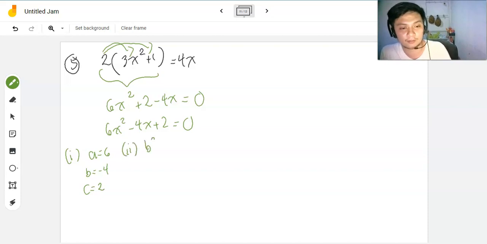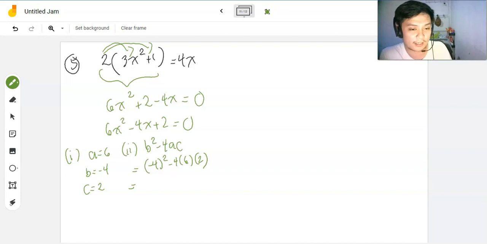Value ng discriminant B squared minus 4AC. This will be equal to square of negative 4 decreased by the product of 4, 6, and 2. And this is going to be square of negative 4 is 16, tapos minus sign. 4 times 6 is 24, times 2, 48. Tama ba? Yes, 48.